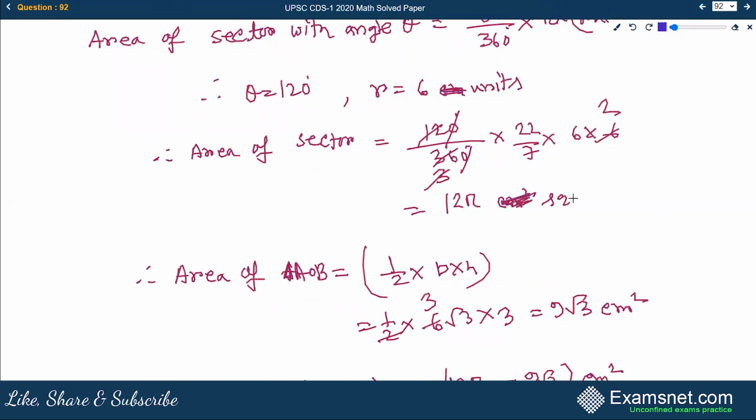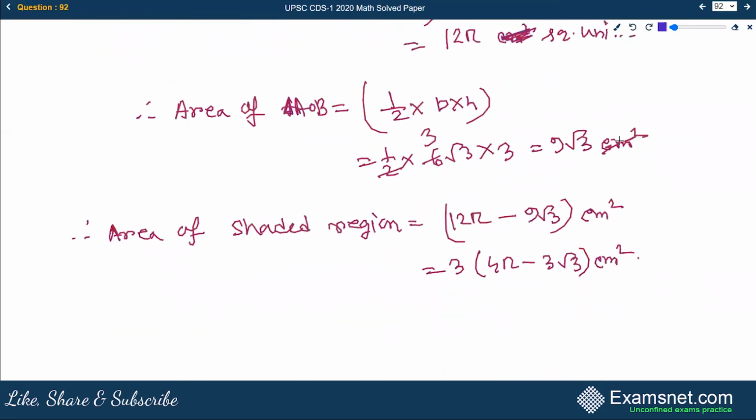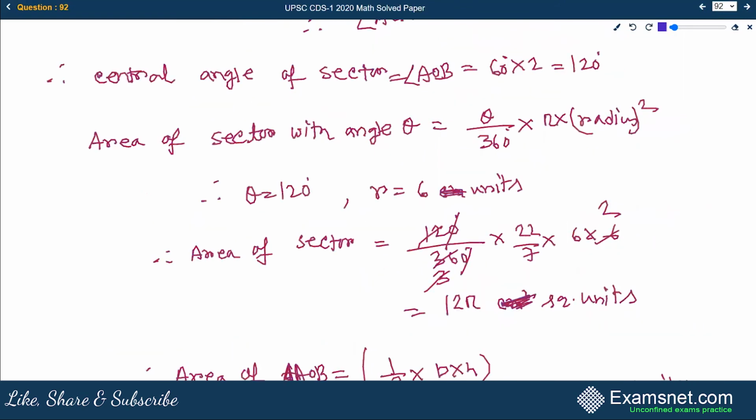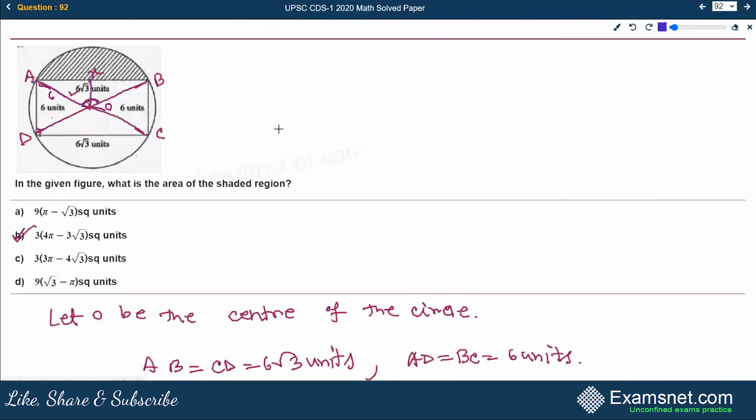So it will be square units. This is as well square units, and this is as well square units. So the final answer is 3 multiplied by 4 pi minus 3 root 3 square units. Okay, option B is the correct answer.